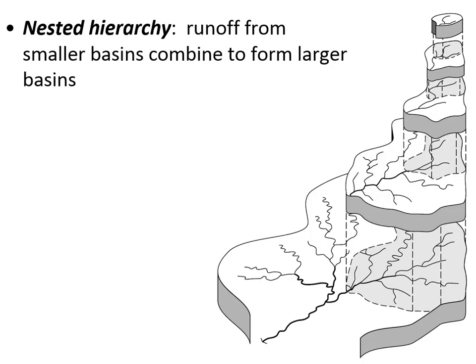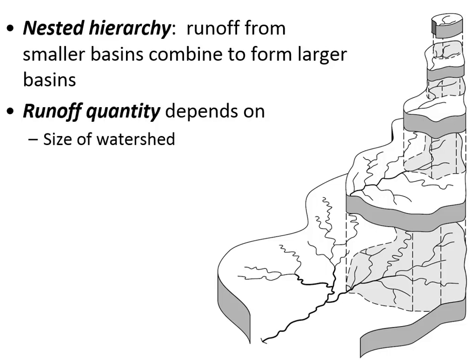A nested hierarchy is because you can pick a watershed area, you can pick an outlet at any location, and so a nested hierarchy is the idea that small watersheds are found within larger watersheds.